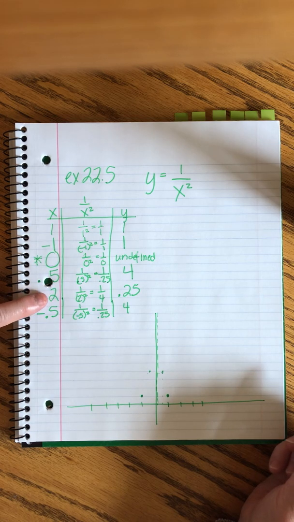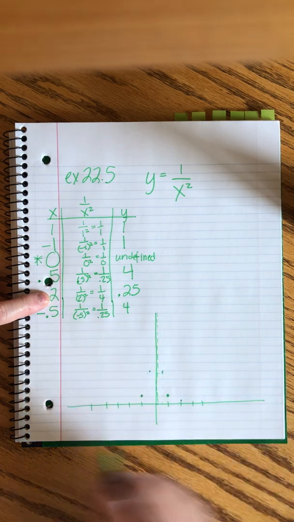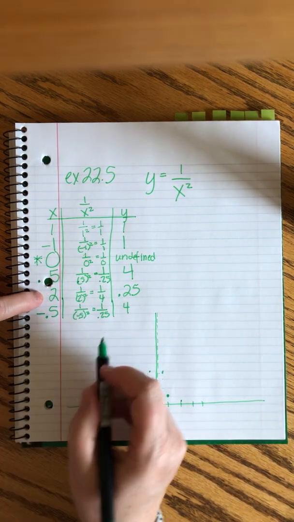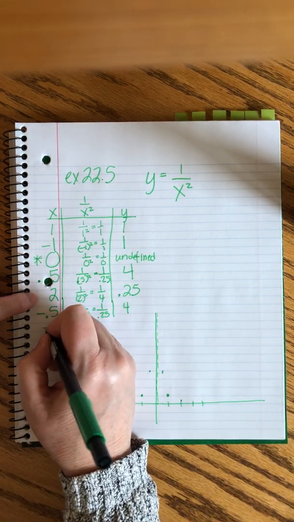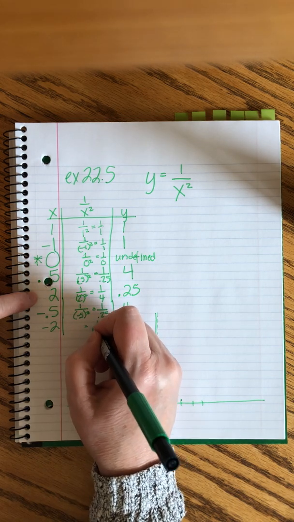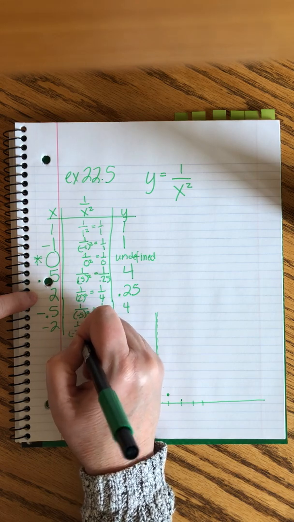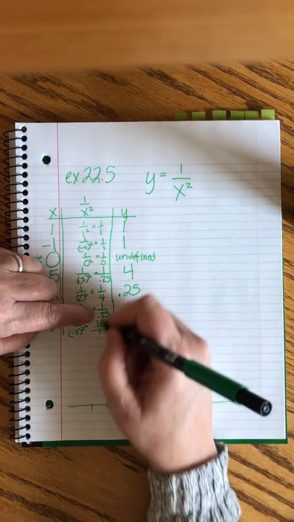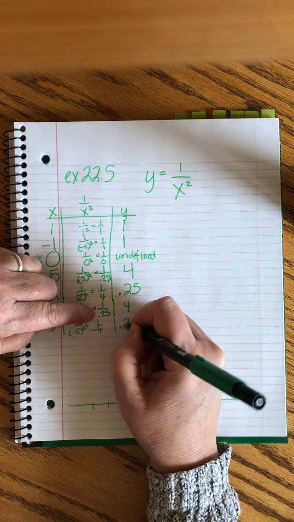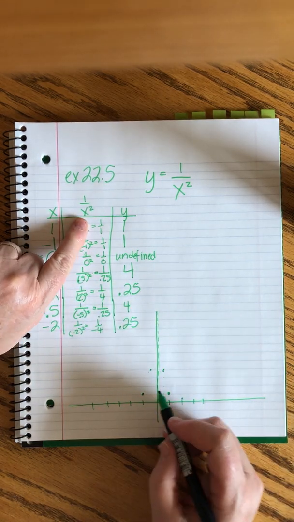Same for this one. 2 goes with 0.25. And I also can see that if I did negative 2, that would be 1 over negative 2 squared. And so that would be 0.25 positive also. This square is making everything positive.